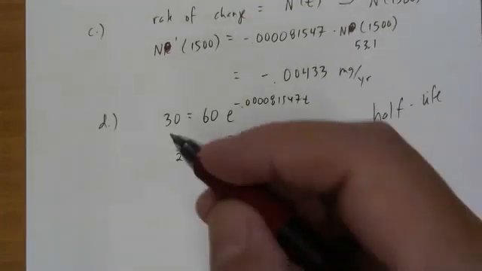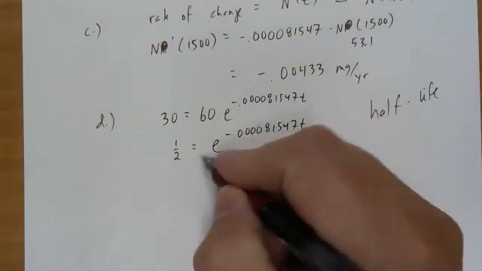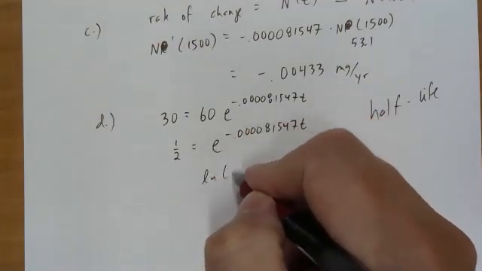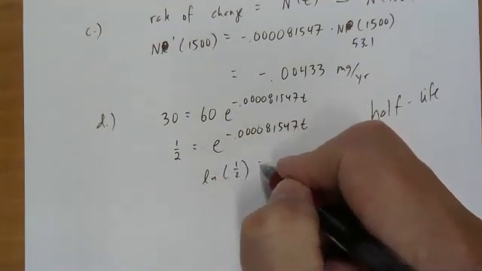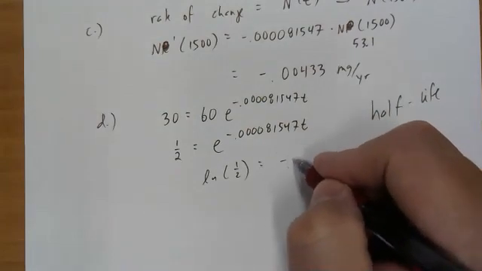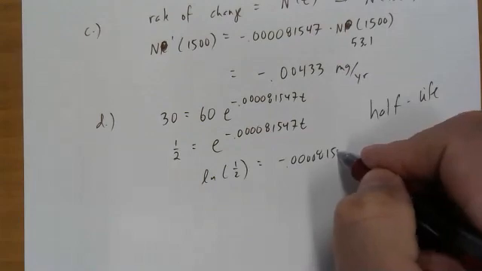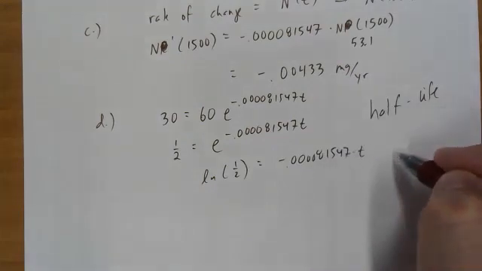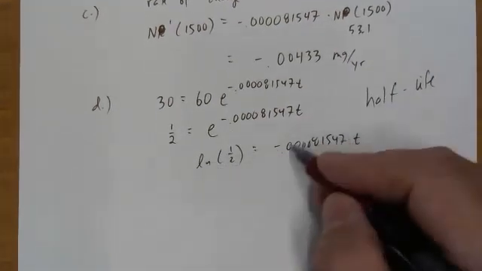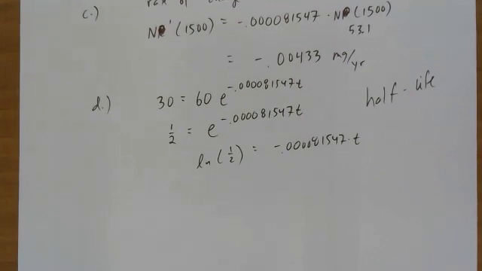So in this case, of course, I'll take the natural log of both sides. I'm going to divide by this negative number here, and that should give me the time.